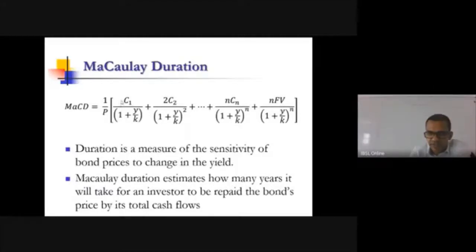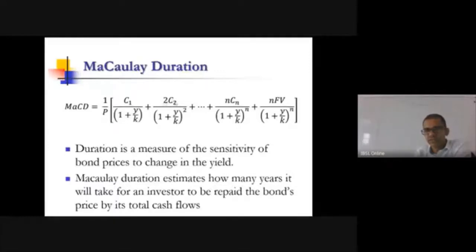Though there's no 1 written here, there's a multiplication of 1. In the second one, the term is multiplied by 2. This n is the last term. Say if it is 10 years with an annual coupon, n would be 10. If it is 10 years but a semi-annual coupon, then n would be 20. Likewise, if you just consider this one, this is the present value of the first cash flow.